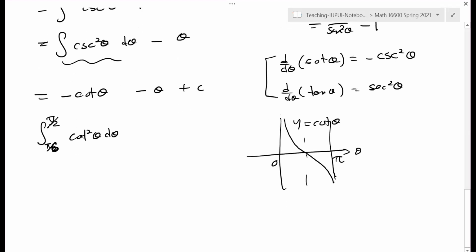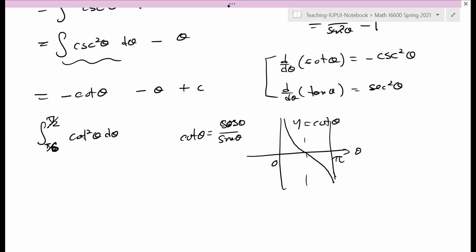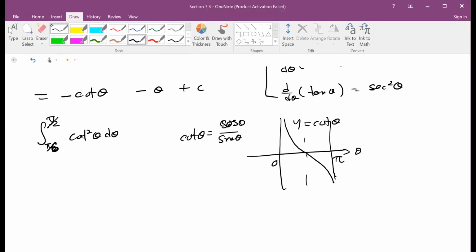Hold on, let me double check. Cotangent, the denominator is a sine theta. It's going to be cosine theta over sine theta. Let me redo the graph, that's misleading.